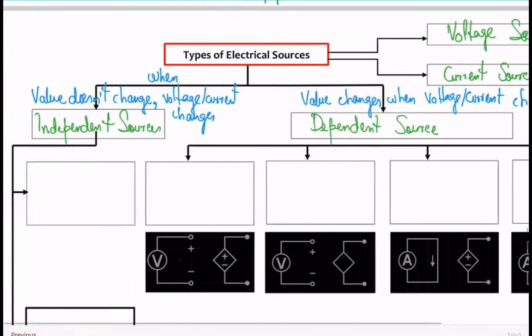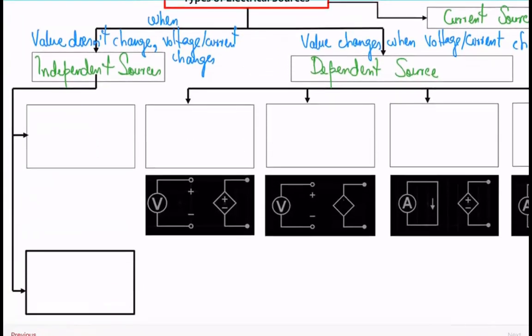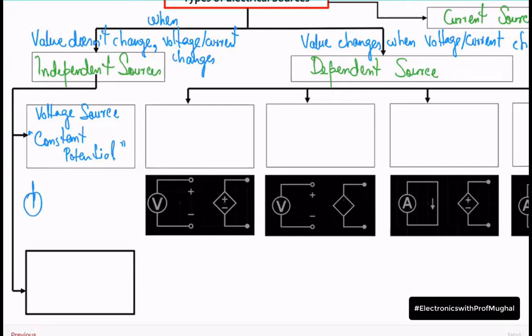All right. Now let's look at the independent sources. We have the voltage source, and basically it's a constant potential, just a straight line. Usually for an independent source, we use this circle right here.